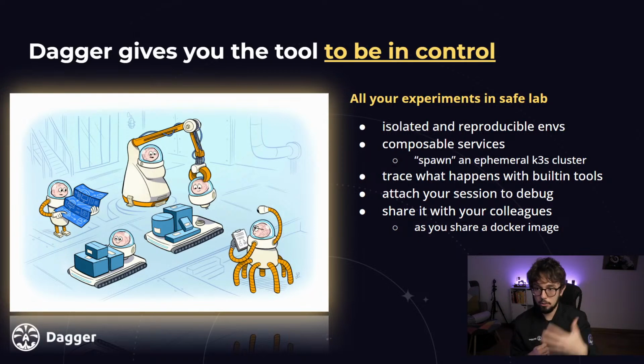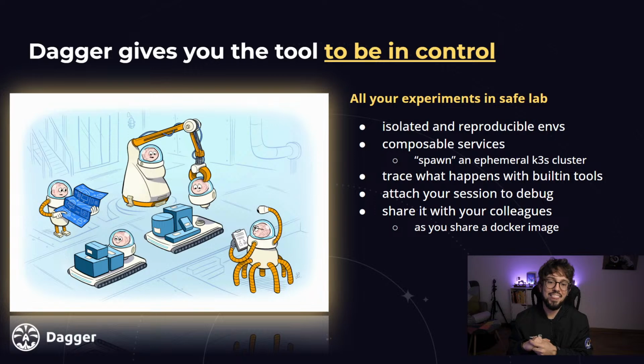So you write code to define your pipeline. And yeah, it's simple like that. You have now Dagger, which provides you all of this through an isolated and reproducible environment. There is a mechanism built in to compose different services, like spawning a Kubernetes cluster and bringing up a container to talk with this Kubernetes cluster, all inside the engine.